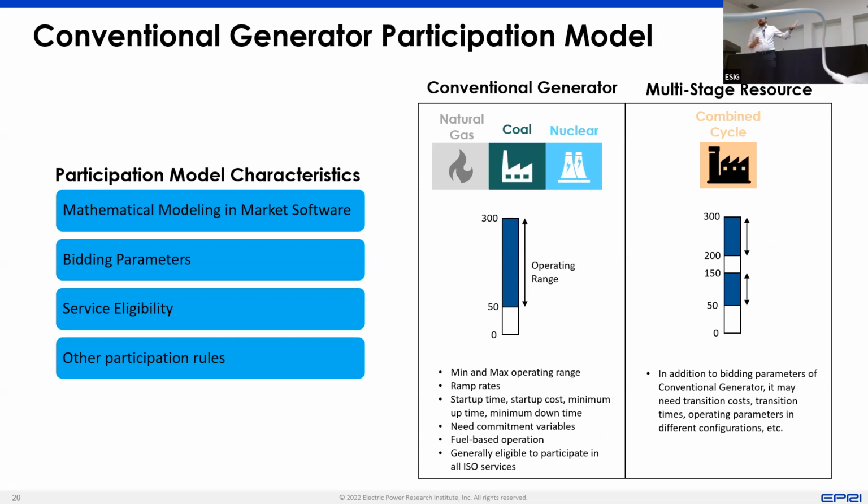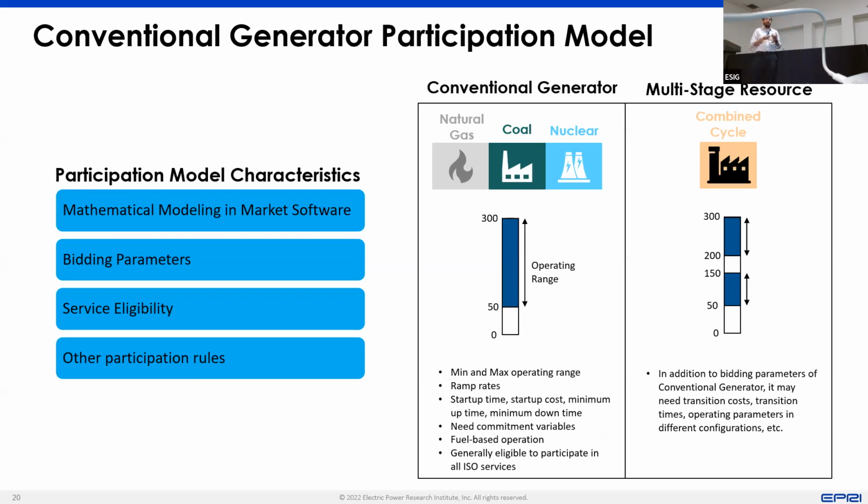So conventional generators have participation models, and they've had these for a while. I talked about 3-part bidding at the very beginning here in the US, and that is a part of the conventional generator participation model.